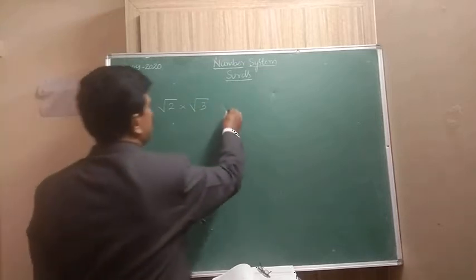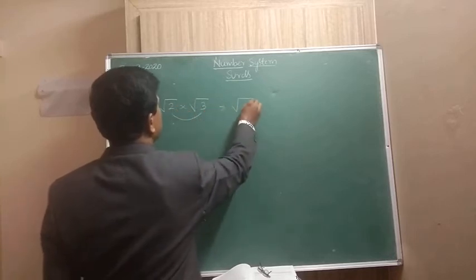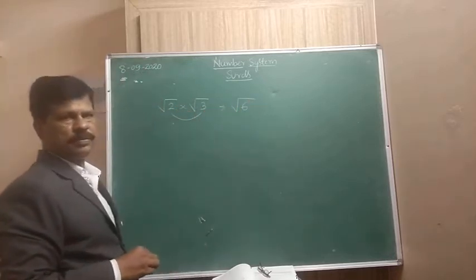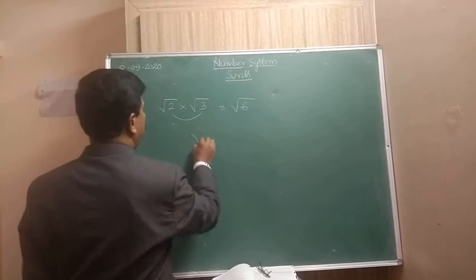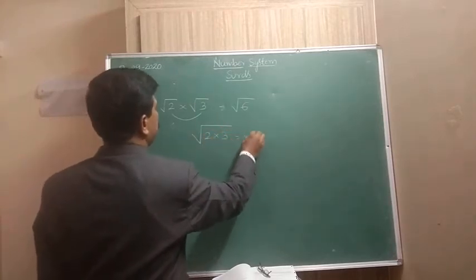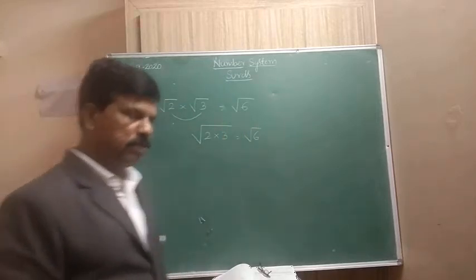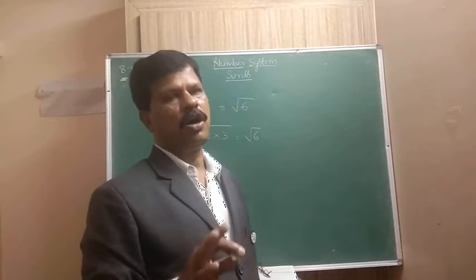What is this? This is equal to square root of 2 3s are 6. Under one square root symbol you can multiply directly, so this is square root 6. This is multiplication of surds with the same order.